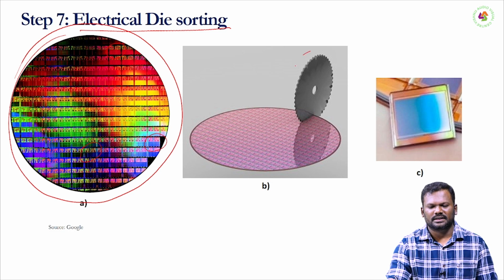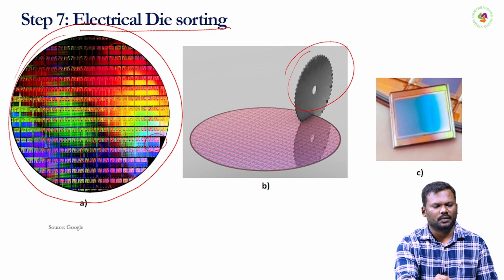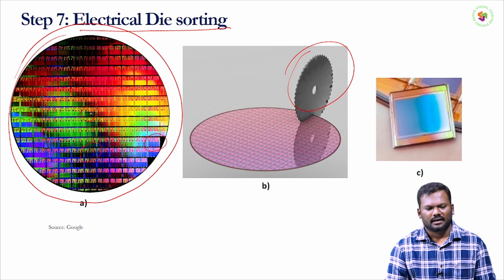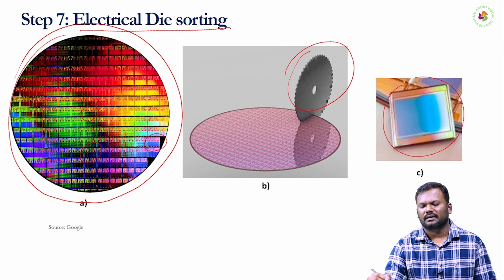By using a diamond cutter you can cut these portions, and the single portion we call a die. This is the final end product that we currently use as a microprocessor or any other advanced chips.